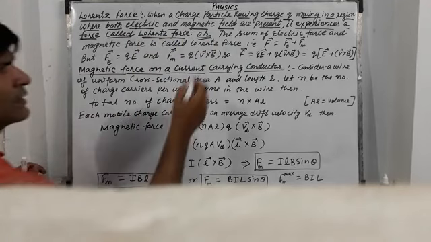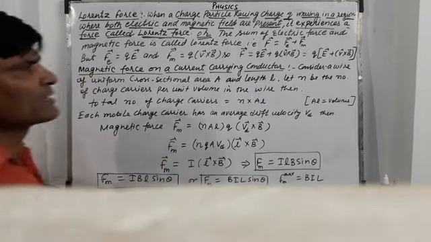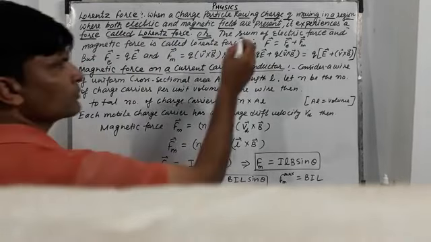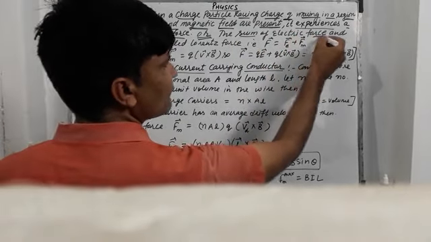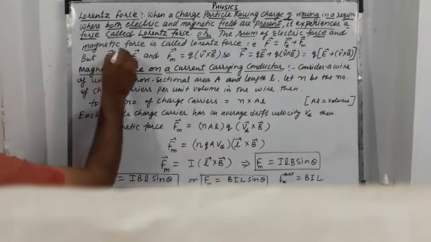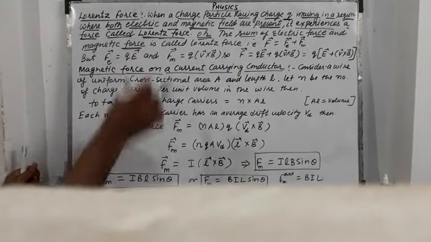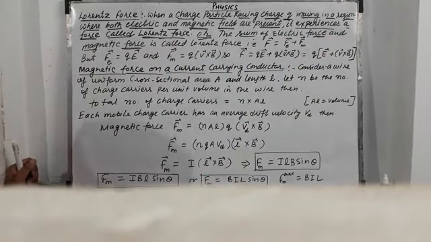In other words, another definition is that the sum of electric force and magnetic force is called Lorentz force.